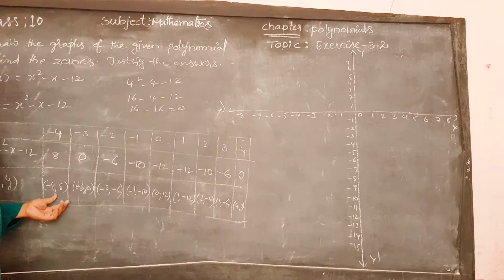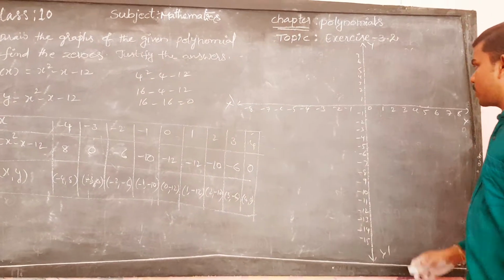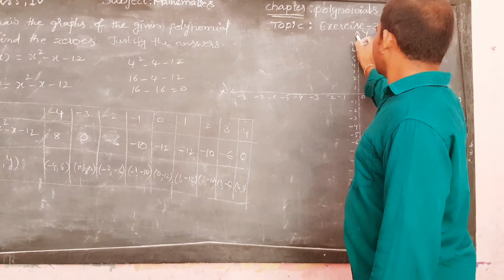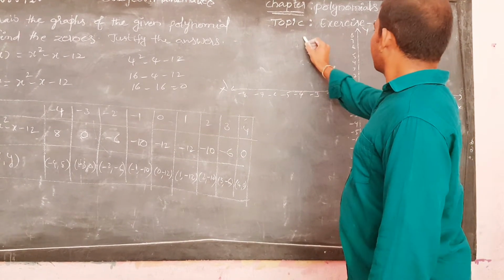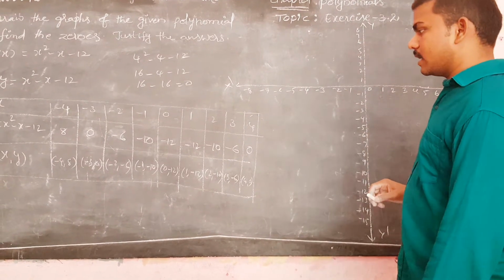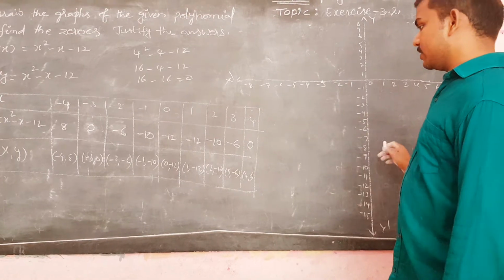Take these points to draw the graph. First point minus 4 comma 8. So this is the point minus 4 comma 8, minus 3 comma 0.